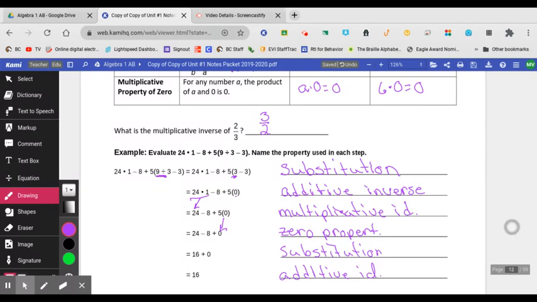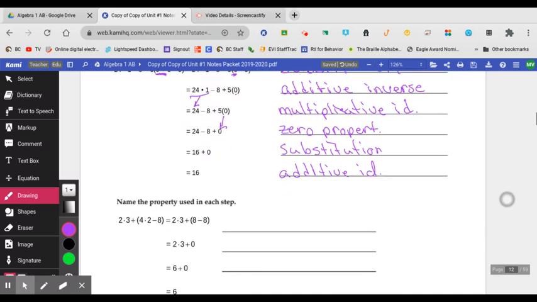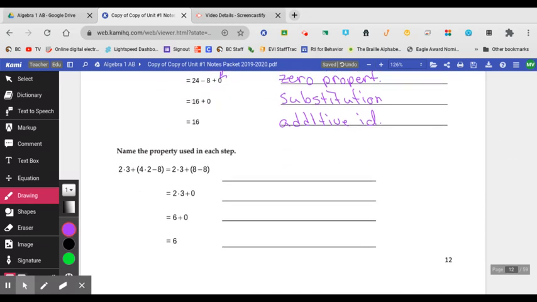So now I want you to pause and give this one a shot, and then I'm going to go over it. So hopefully you've paused and you're watching now to see how you did. 4 times 2 is 8, so that's substitution.